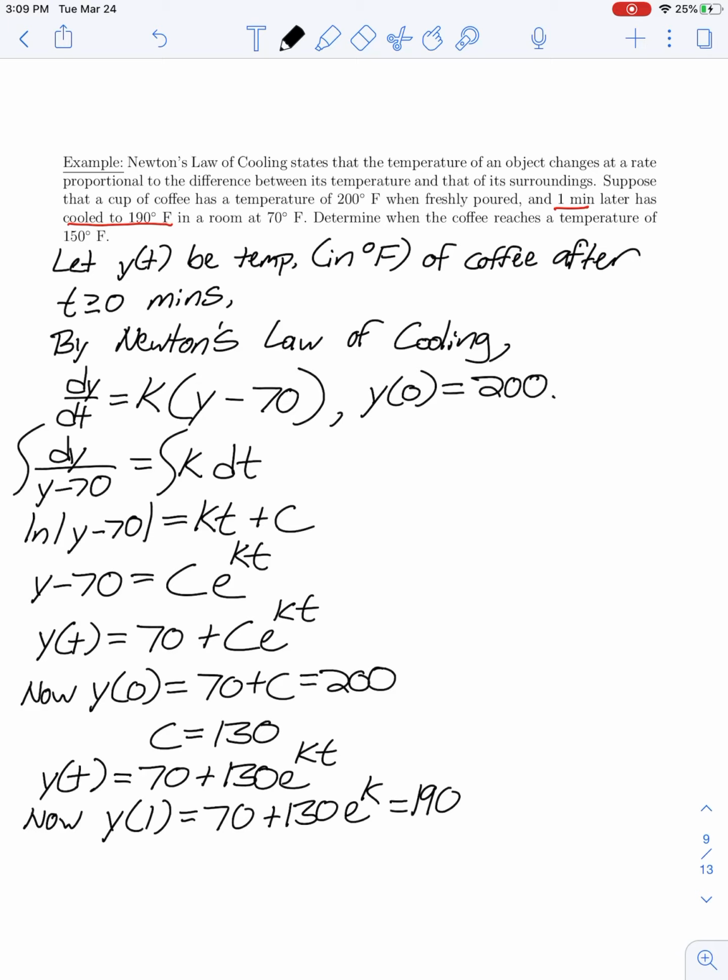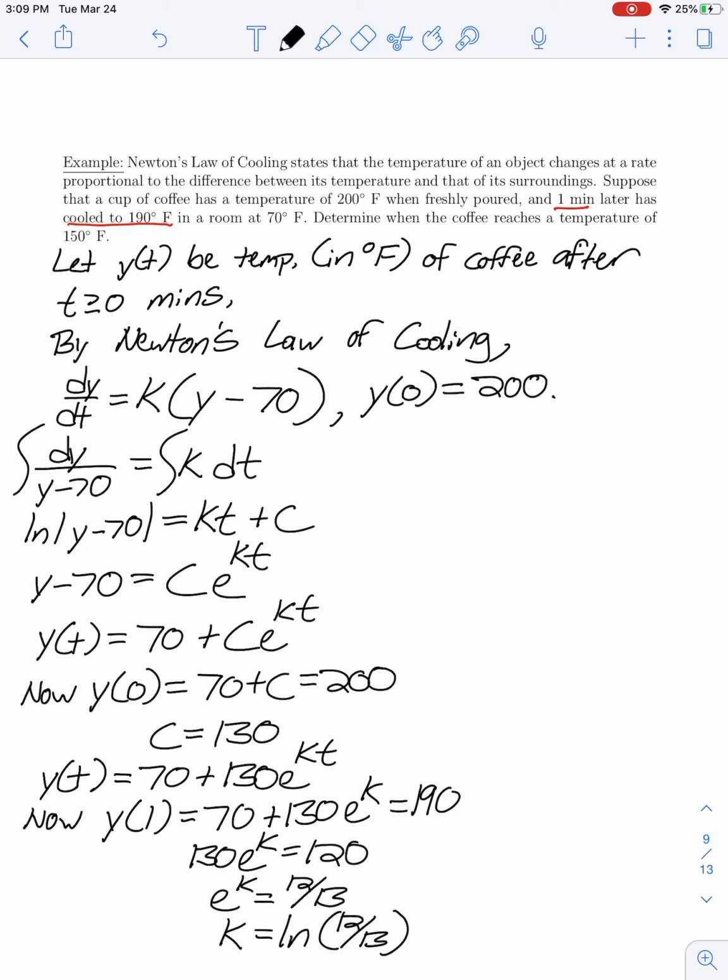So solving for k, we could first subtract 70 from both sides, giving me 130 e to the k is equal to 120, so that e to the k is 12 over 13, and k is then the natural log of 12 over 13.